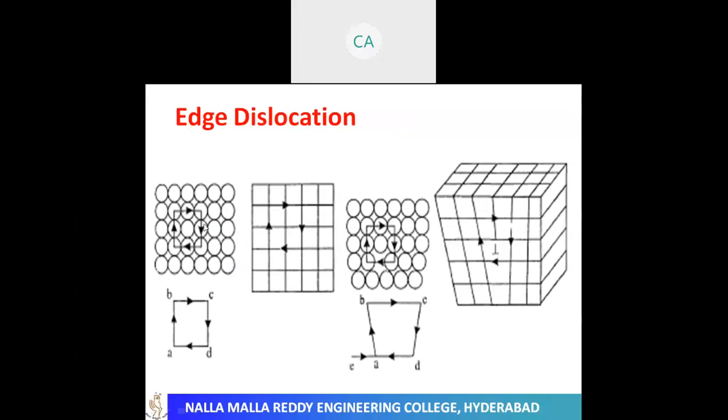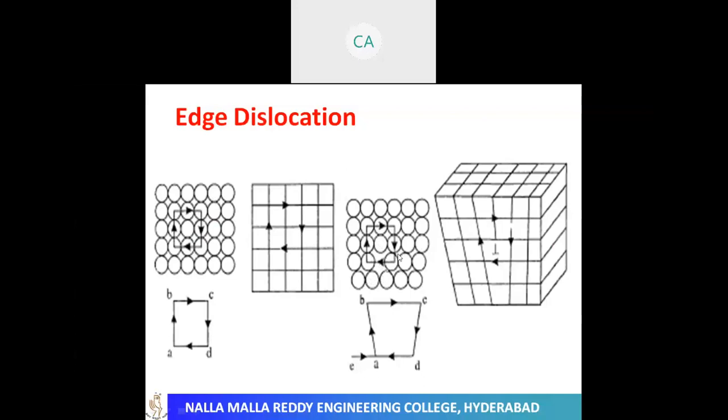Consider a perfect crystal to be made up of a number of vertical planes of atoms. If one of these vertical planes does not extend from top to bottom but ends at only part of the way within the crystal, as shown here, an edge dislocation is present.